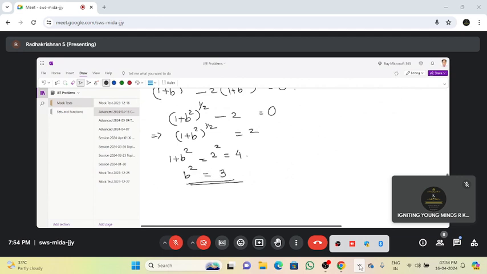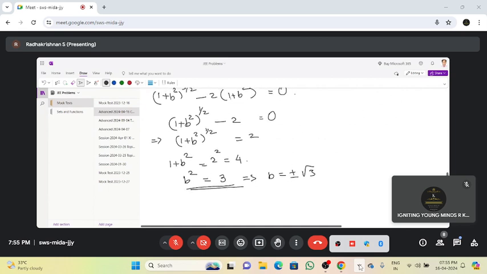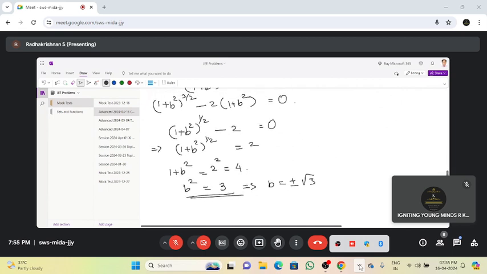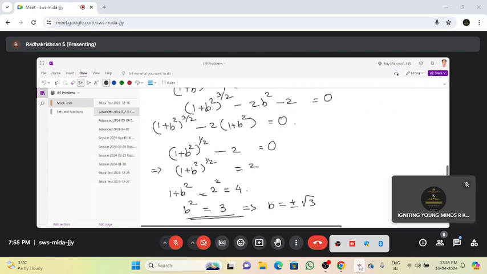So you get b square equal to 3. Okay. So once you solve for a and b, now whatever options are given, match those things.